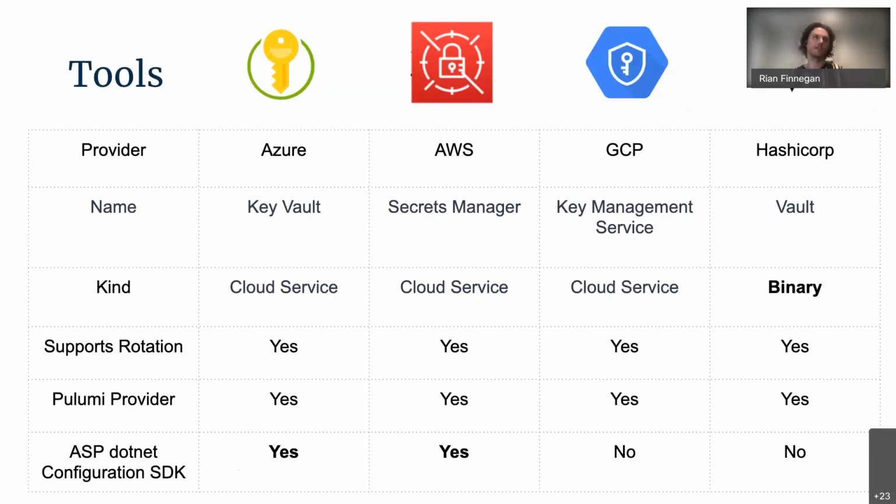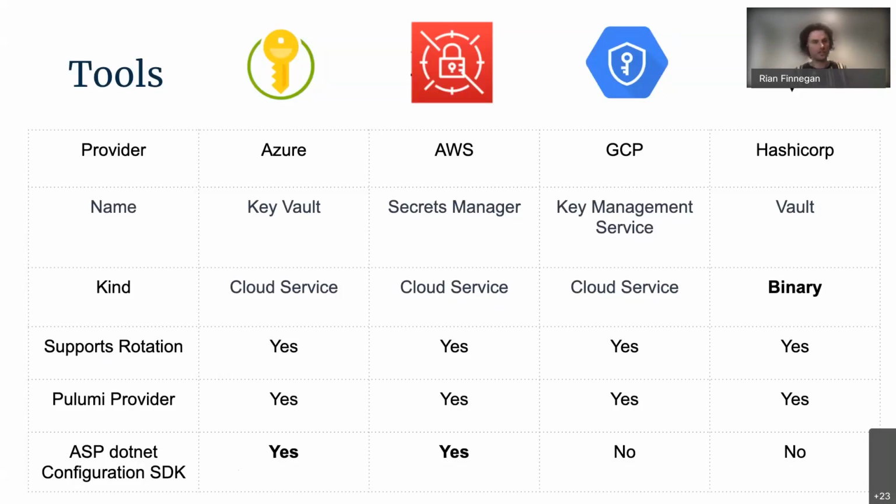So of course, they all support rotation, which is pretty basic. They all have a Pulumi provider, which is really useful, so you can create these things or manage them in Pulumi. If you're using ASP.NET, which I have been using heavily, there is a slight advantage that Azure and AWS have over the others, which is they have an ASP.NET configuration integration.